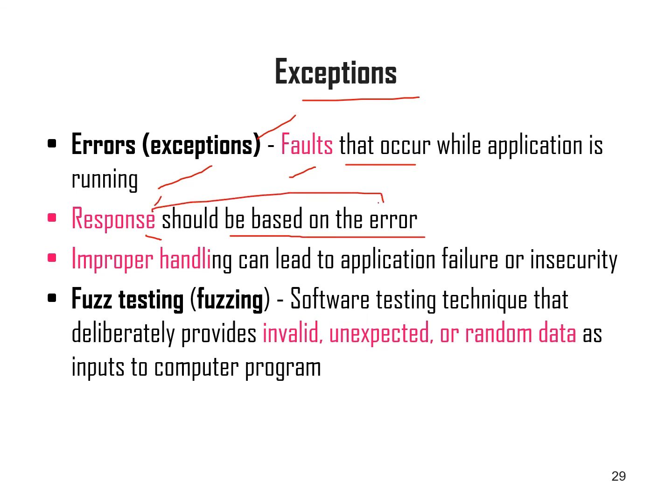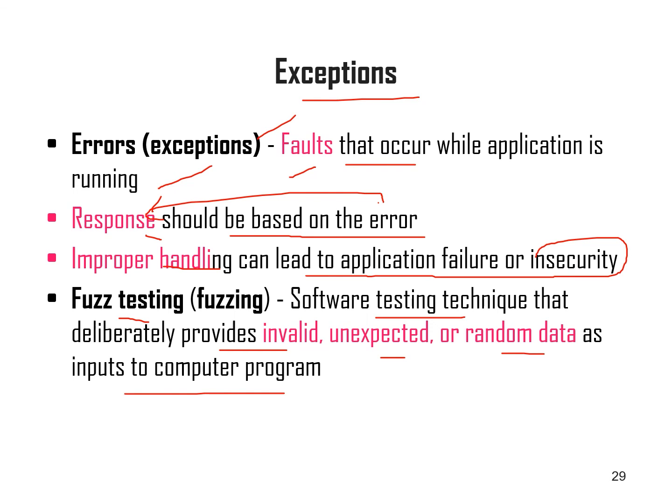Improper handling can lead to application failure or insecurity. So if I handle an application improperly, that will lead to application failure. We can go for fuzz testing, a software testing technique that deliberately provides invalid, unexpected or random data as inputs to the computer program.